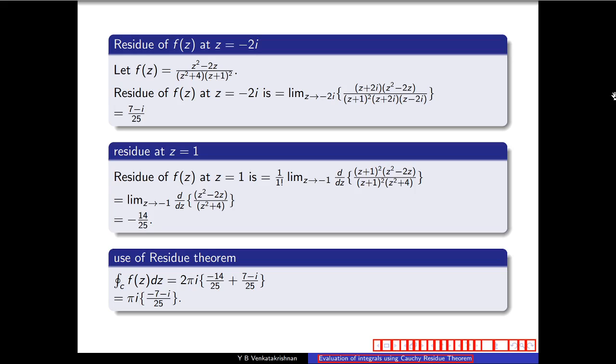When I use the residue theorem, namely the integral over C of f of z dz is equal to 2 pi i into the sum of the residues, we get the value of the integral as 2 pi i into minus 7 minus i whole divided by 25. So this is how we calculate the value of the integral using the residue theorem.